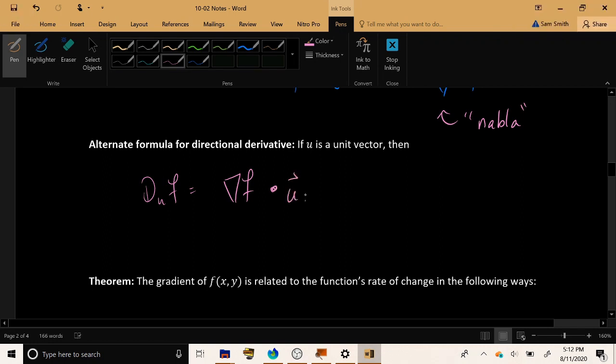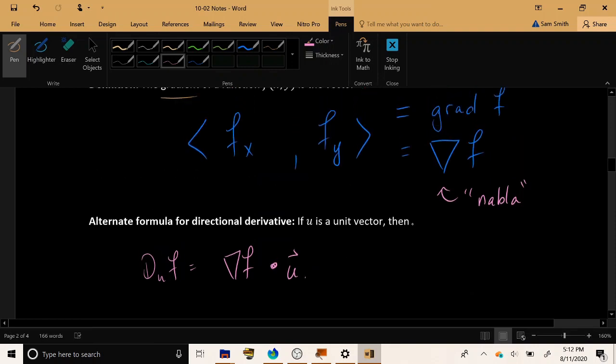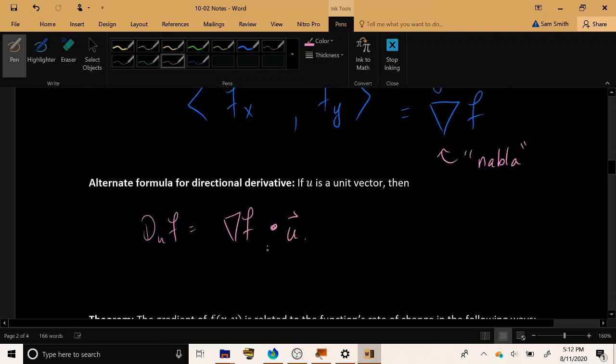Okay, now here begins a portion of your math journey where vector quantities will not reliably be indicated by these arrows. There are some things that you're just going to have to remember are vectors, even though you don't see the vector arrow. And the gradient is one of those things.